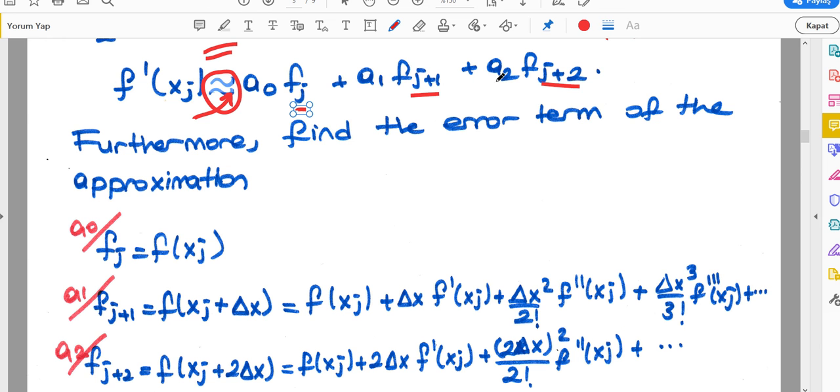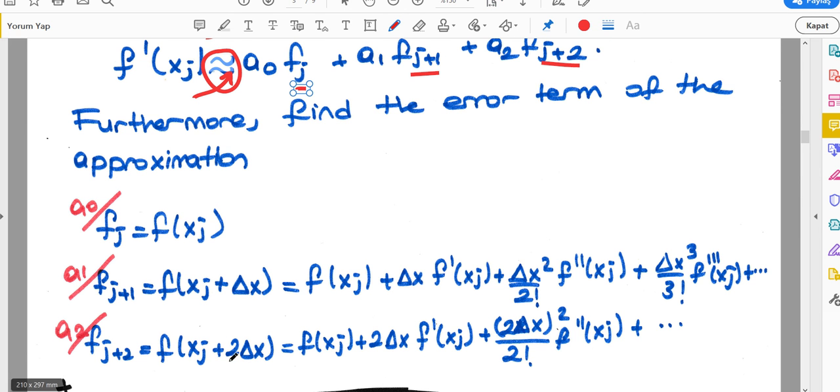So A0 multiplied by f of x_j, A1 multiplied by f of x_{j+1}, and A2 multiplied by f_{j+2}, which means x_j plus 2 delta x. By using x_j as the basis, everything turns to x_j, and the additional part will be dedicated to my coefficients.